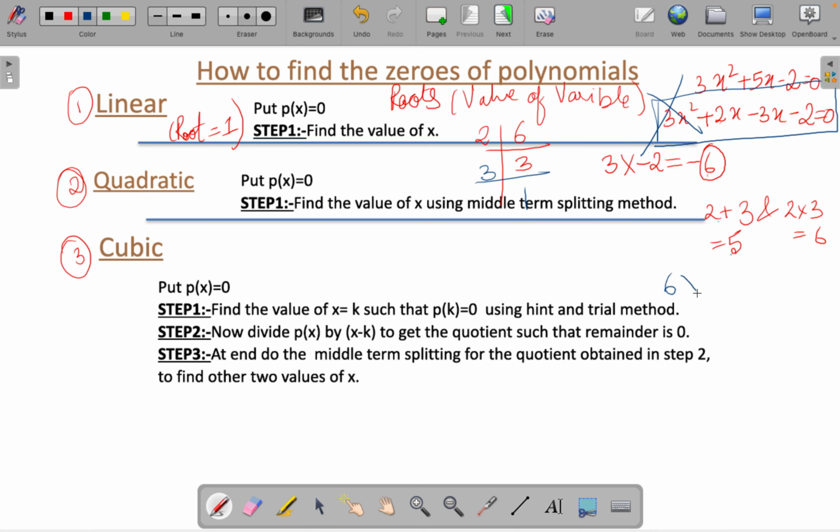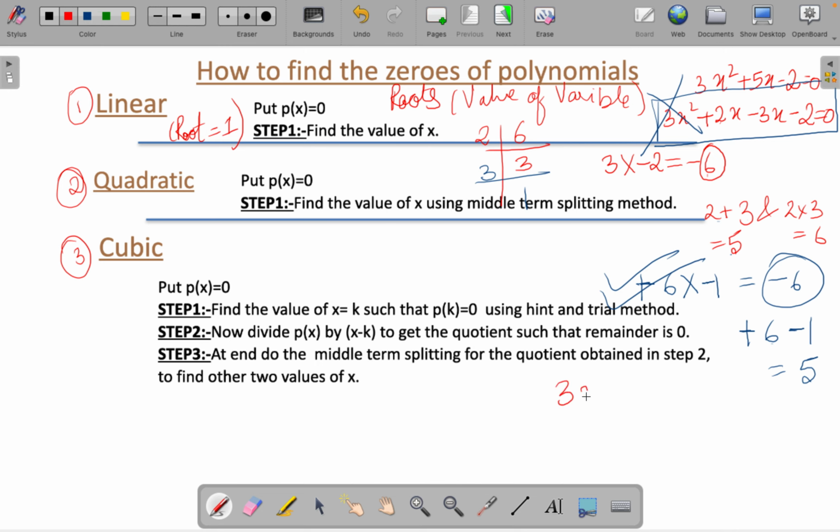So 6 minus 1 will give me 5, but I need minus 6, so plus 6 into minus 1 will give me minus 6. So these are the correct factors for the middle term splitting.